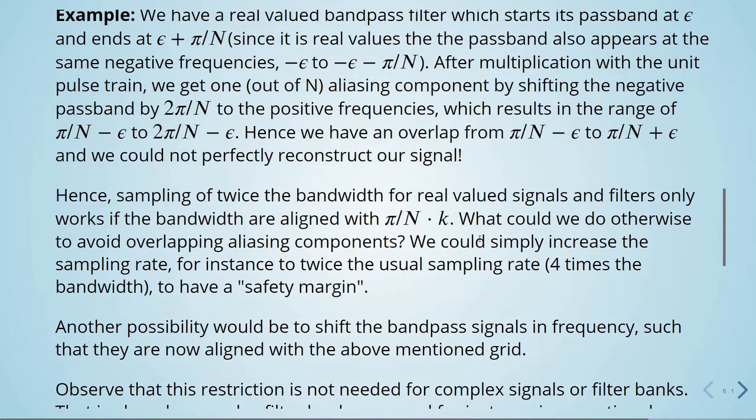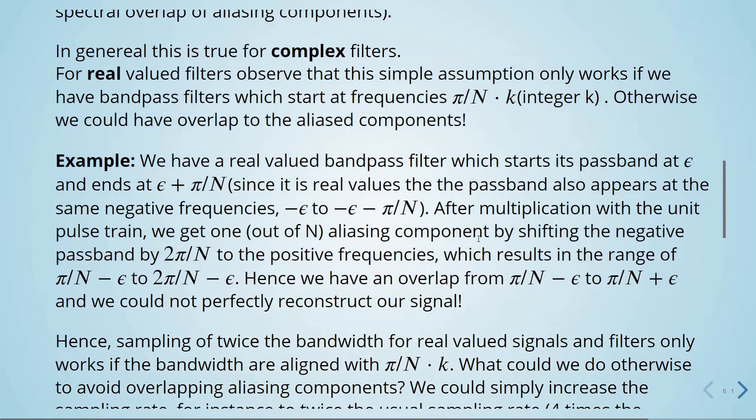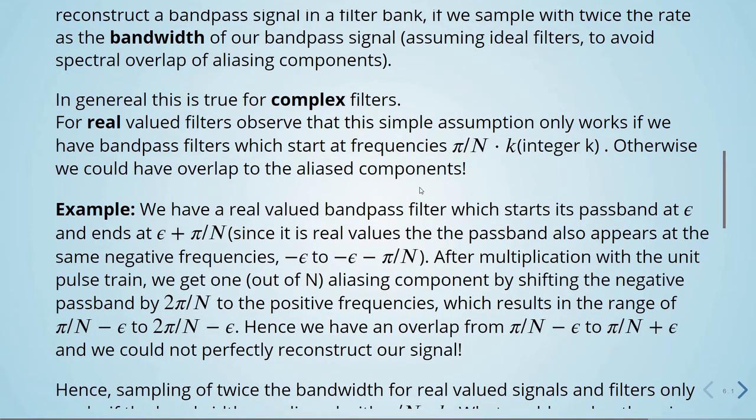So this is an important thing to have in mind, that for real valued signals, the bandpass Nyquist theorem indicates that we must have bandpass filters which start at frequency pi divided by capital N times k.